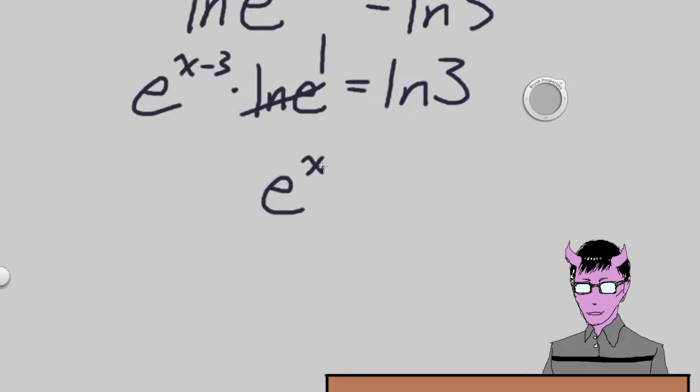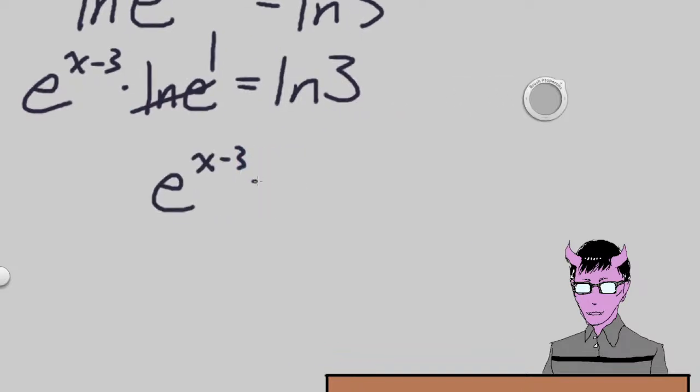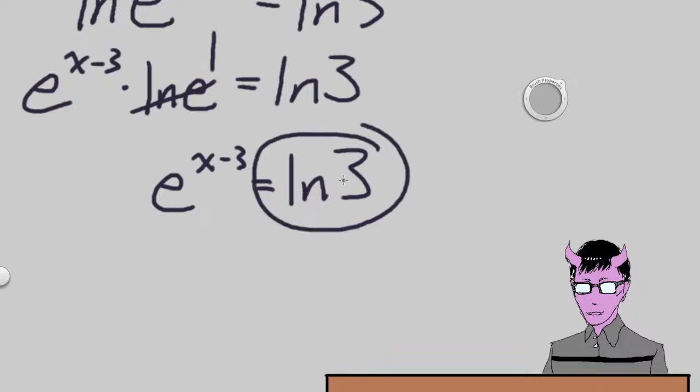We have e to the power of x minus 3 is equal to natural log of 3. Well, the exponent still has the letter of interest. This is a constant. Don't think about this as a variable. It's not a variable. Because natural log of 3 is just a clean, irrational number. But it's just a constant.